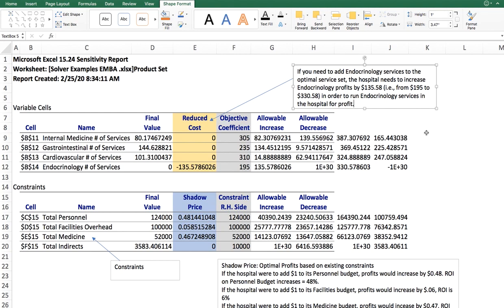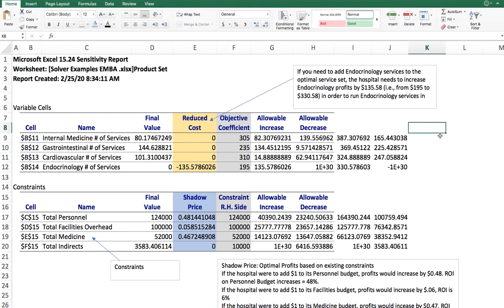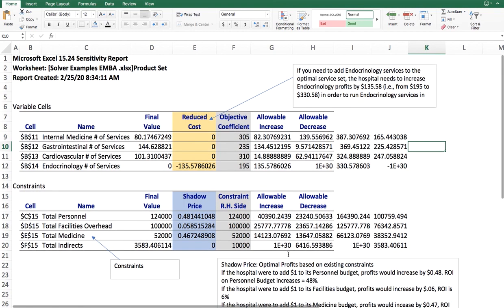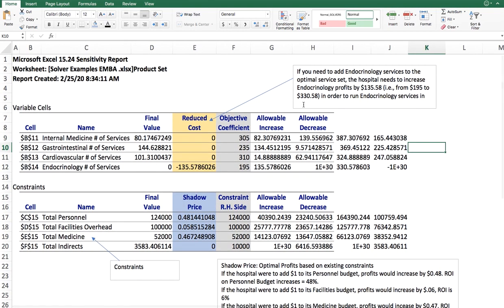So this is all it tells you, and it's very important, and you can use that to make better decisions in terms of what's the best ROI on changing your budgets, and how much you need to change each of them in order to change the entire solution set.